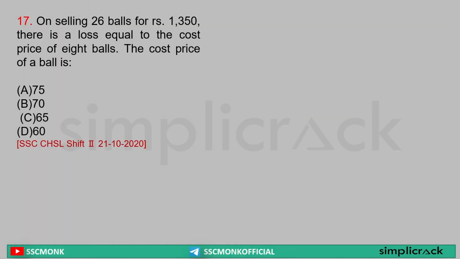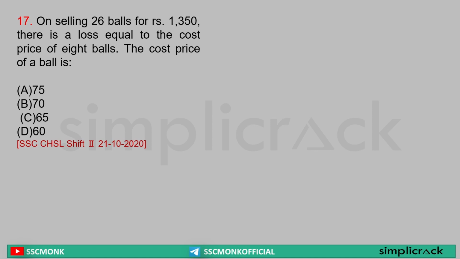Next, on selling 26 balls for rupees 1350, there is a loss equal to the cost price of 8 balls. Sir, very simple. I am selling X articles and I am having a loss equal to the cost price of 8 articles. Yes or no?